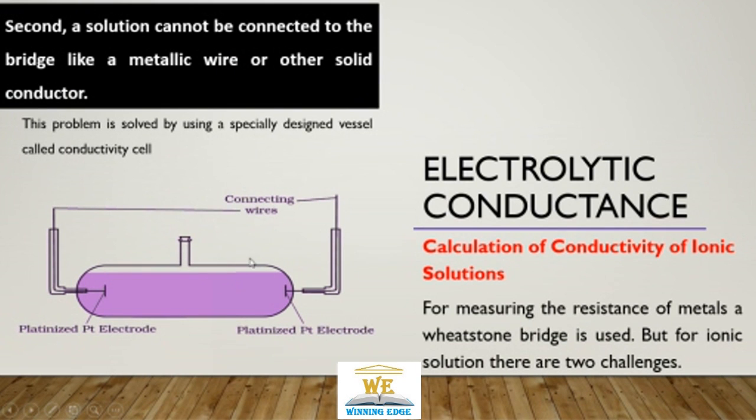This is a conductivity cell having two platinized electrodes. Platinum, because it is inert, will not react with the solution. And we fill the solution through this stopper. We know the length of it, we know the area of it, so it's easy to measure.